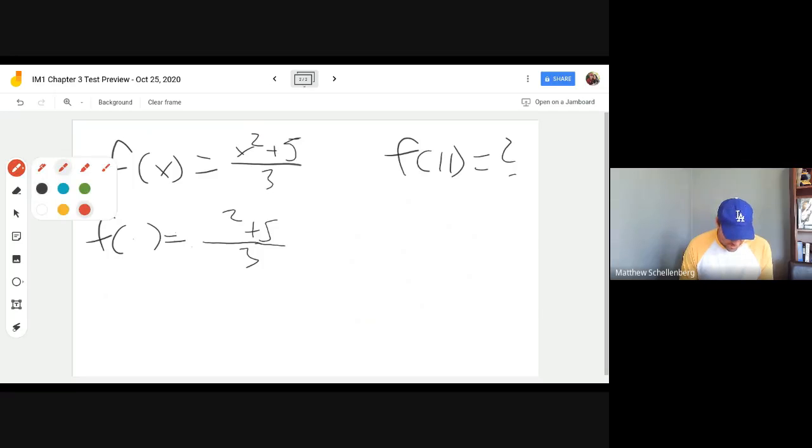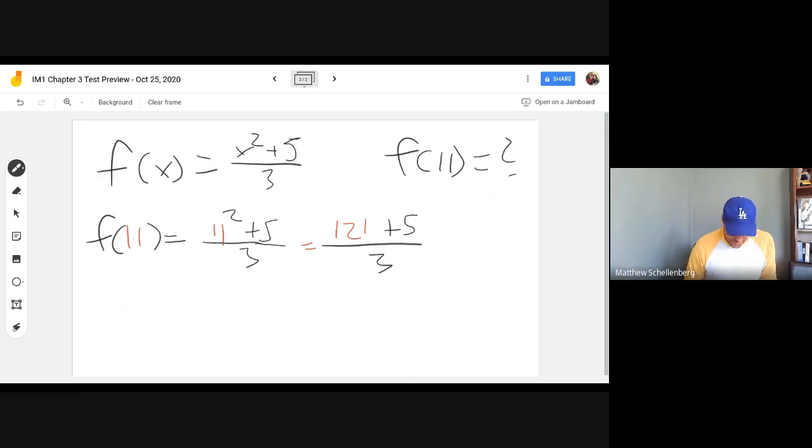So we're going to plug in 11, right? Instead of x, we have 11. Because that's what they want to know. They want to know what's f of 11. So we're just going to replace all the x's with 11s. And that gives us 121 plus 5 over 3. And that's going to give us 126 over 3. And that's going to give us 42.